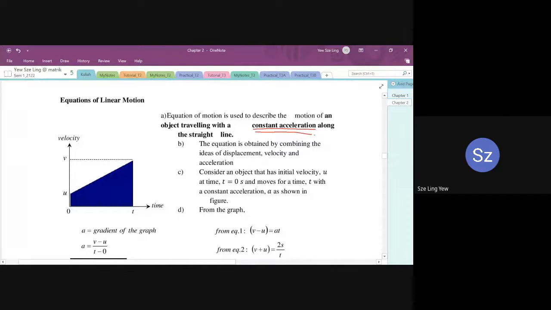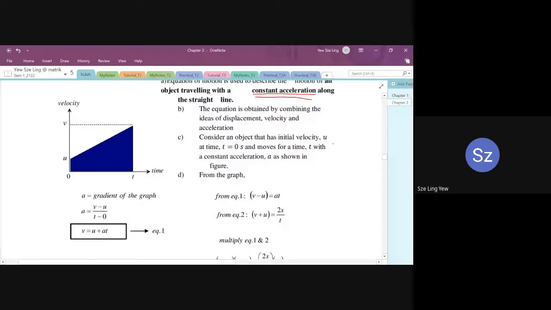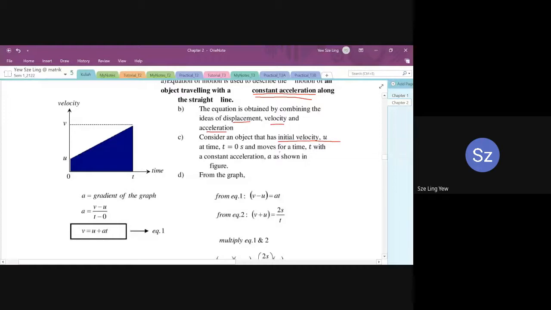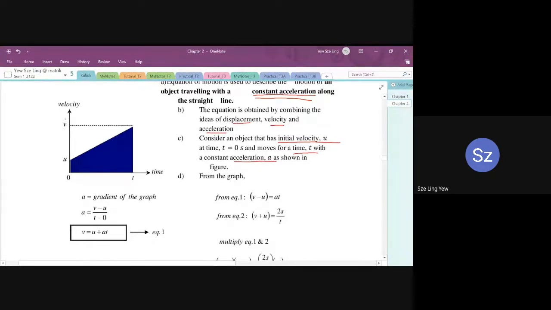The equations are obtained by combining the ideas of displacement, velocity, and acceleration. So you have these 3 items in the equations. Consider an object that has an initial velocity u, time t, a constant acceleration a, and a final velocity v.